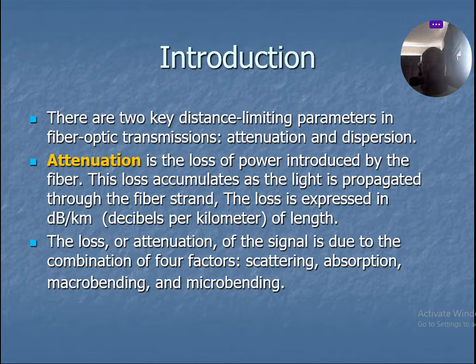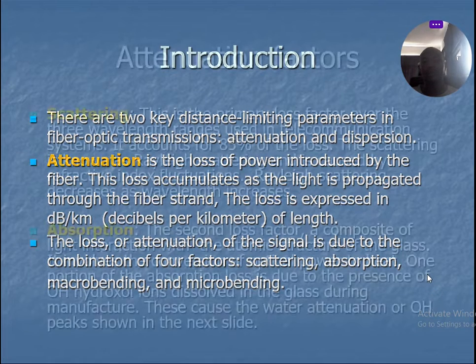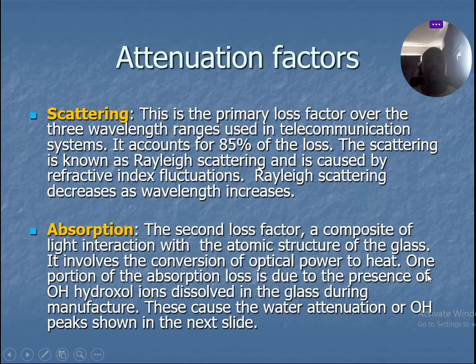The first one is called scattering. Scattering is the number one factor responsible for loss of signal. The second one is absorption. The third one is microbending, and the fourth one is macrobending. Now let's take a look at them one after the other. The first one is scattering. Scattering is the number one attenuation factor that limits how far a signal can go in optical fiber.